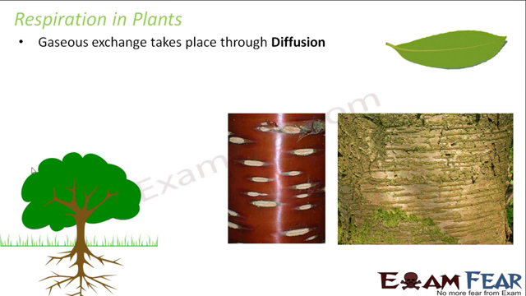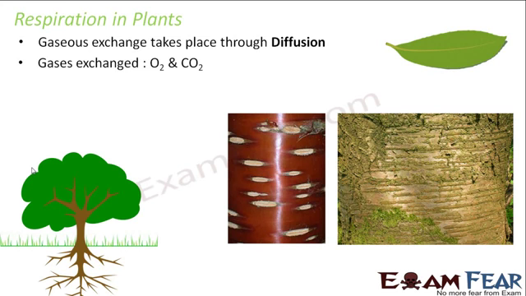So carbon dioxide will get transferred from the external environment inside the plants when the concentration of carbon dioxide in the external environment is more than that inside the plants. Right? So based on the difference in concentration, the exchange of gases will take place.